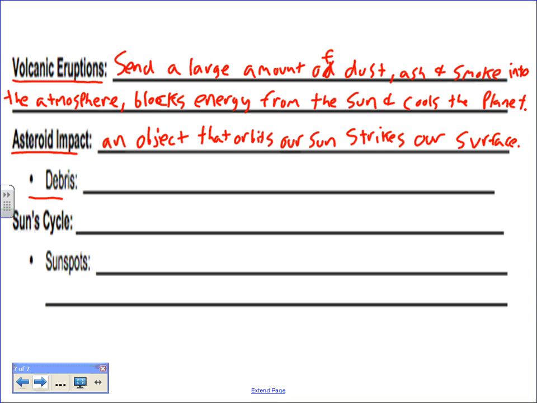Debris is dust and smaller rocks that are released into the atmosphere during impact.